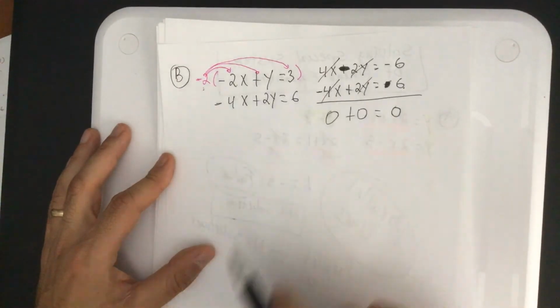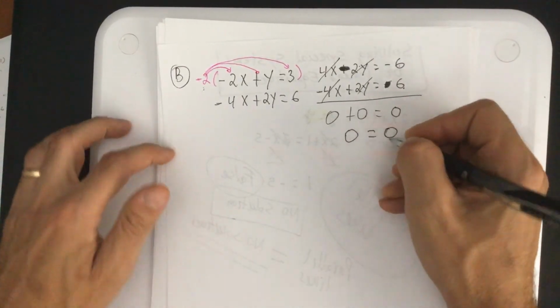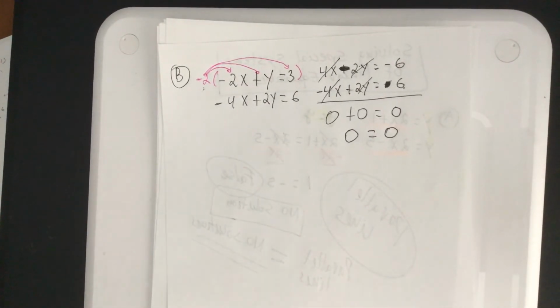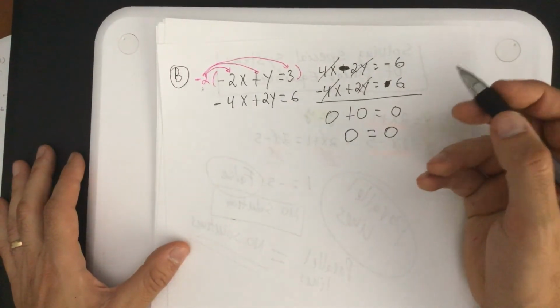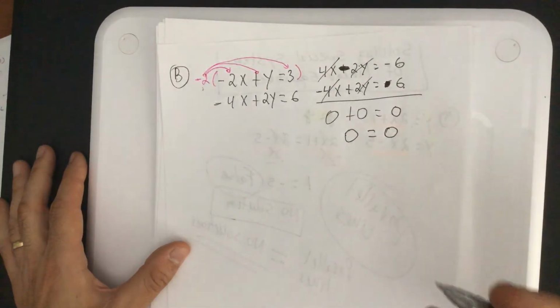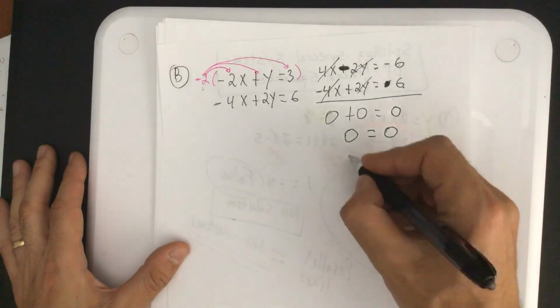That was a positive 6. So negative 6 and 6, that will also be a 0. So what we got is 0 is equal to 0. Hey, that's a true statement, okay? This is always true. So it's not a no solution. It's different. It's an infinite amount of solutions.